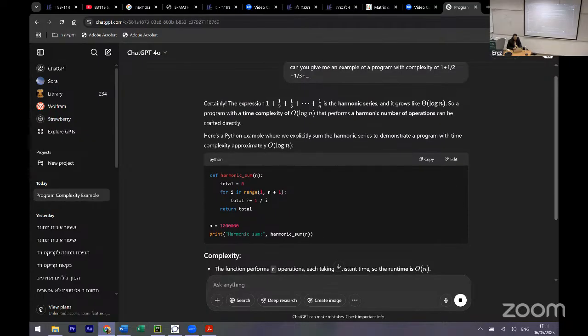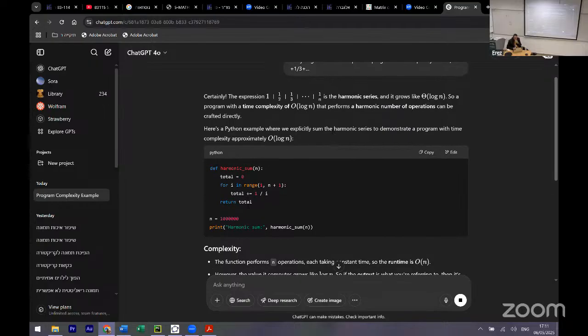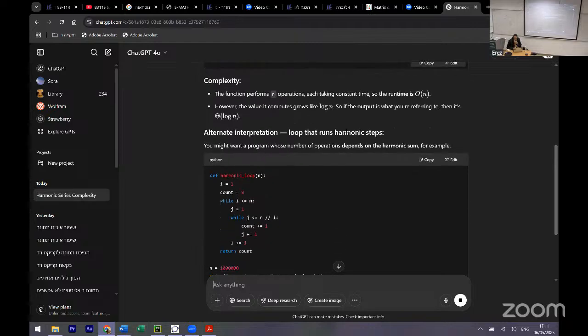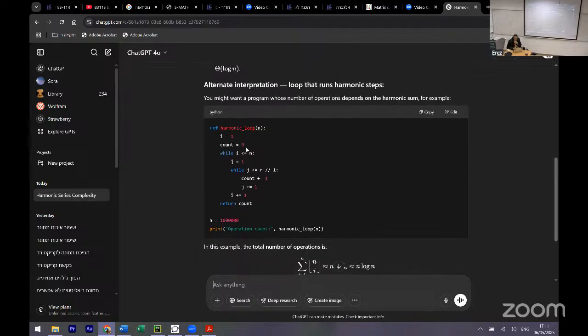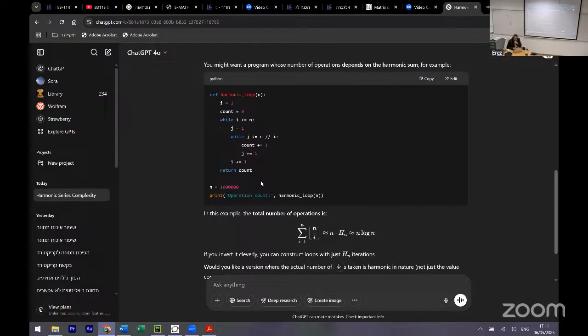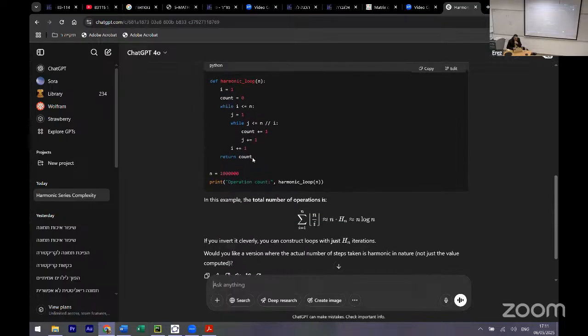That's not what I asked at all. Here's a Python example which explicitly sums the harmonic series, but that's not what I asked. I think that might be what I asked: a harmonic loop, with a value that's increasing every time. Maybe it's j plus 1. I think I understand the idea, but I don't follow the code.